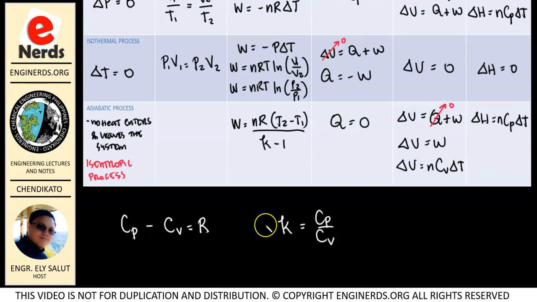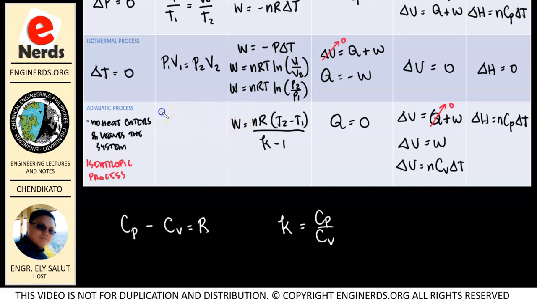So, if you remember in our general chemistry classes, we did not discuss the adiabatic process for ideal gases. Now, if you refer to thermodynamics or physical chemistry books, you will find a different way of expressing the relationship between pressure, volume, and temperature for ideal gases when we are operating in a reversible adiabatic process.